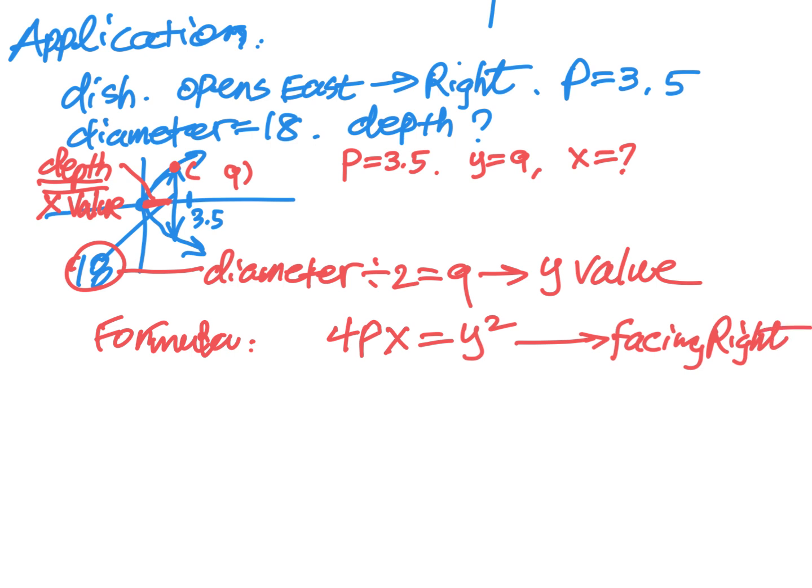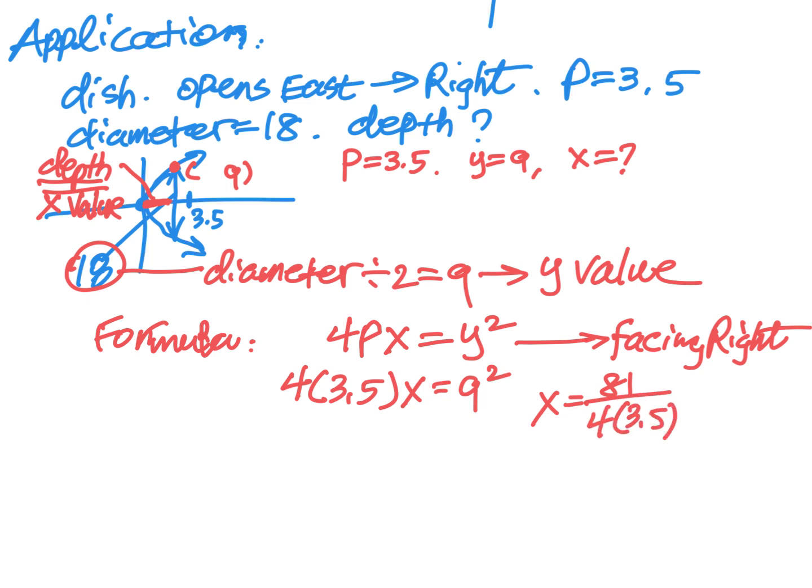So you plug it in. 4 times 3.5 times x, I don't know. y I know is 9 squared. So it's just simple. And then you type in the calculator, 81 divided by 4 times 3.5. Finish that question.